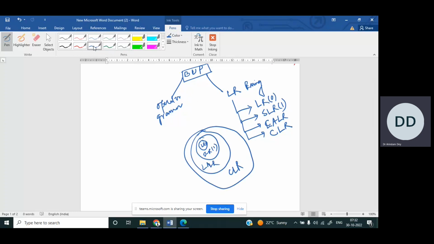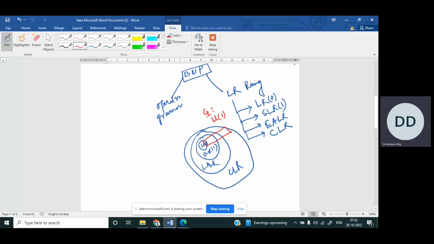And LL1 parsing that you have seen, the grammar perspective actually belongs in this region. LL: some portions are in this region, some portions in this region, some portions in this region. So if someone says that grammar G is LL1, then you cannot tell that the grammar will definitely be CLR or LALR.